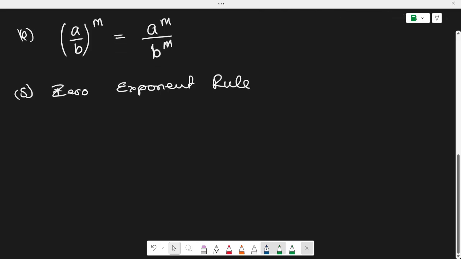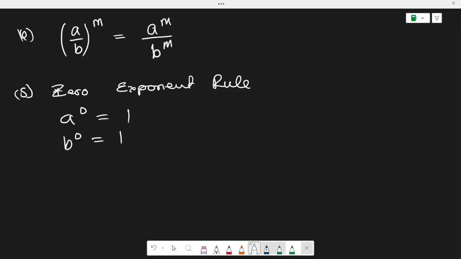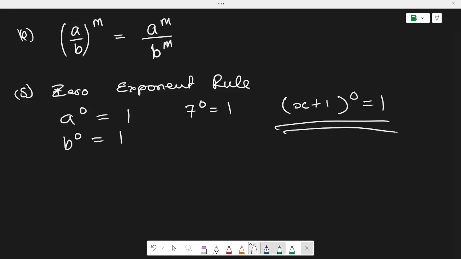So let's say you have a to the power 0, this gives you 1. b to the power 0 gives you 1. 7 to the power 0 gives you 1. And x plus 1 in brackets to the power 0 is equal to 1.